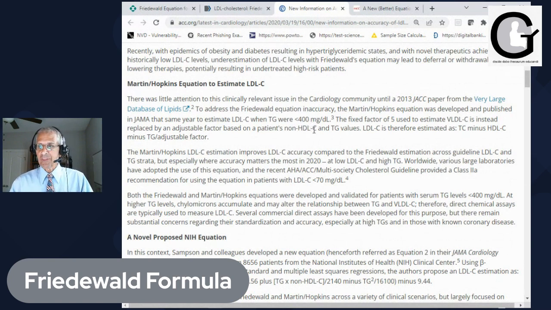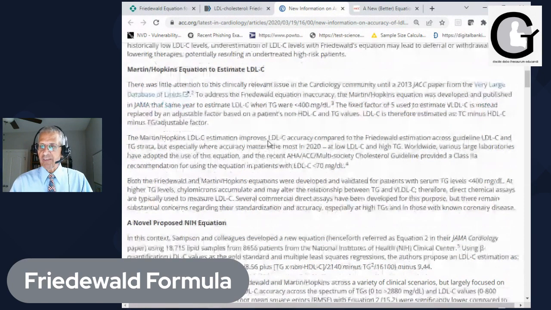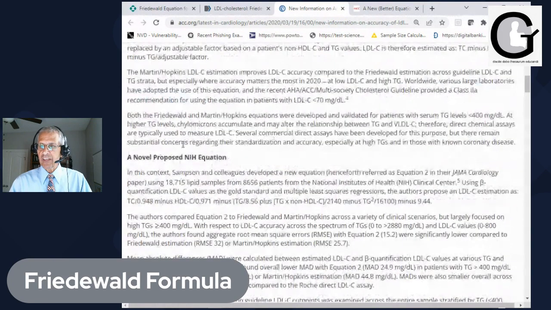But the fixed factor of 5 is instead replaced by an adjustable factor on a patient's non-HDL and triglyceride values. So it's total cholesterol minus HDLC minus this adjustable factor when it's below 400. So this is what we're talking about, and the National Institute of Health decided to try this.